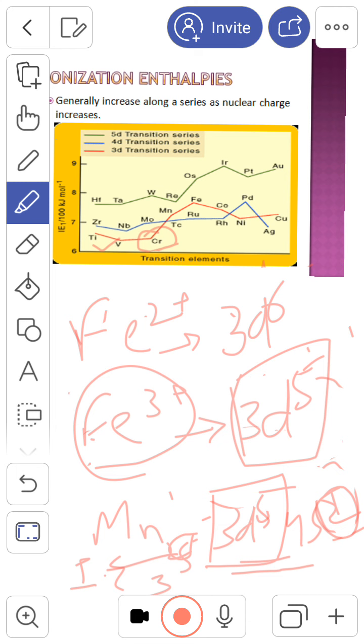The first ionization enthalpies of 5d series are higher than those of 4d and 3d elements.